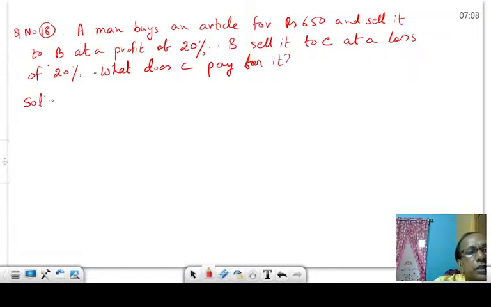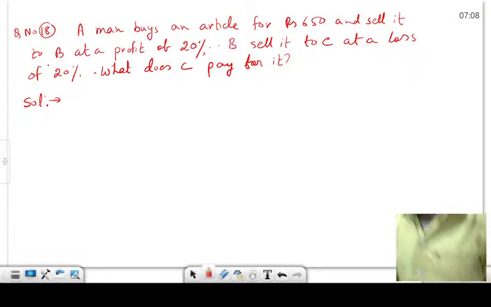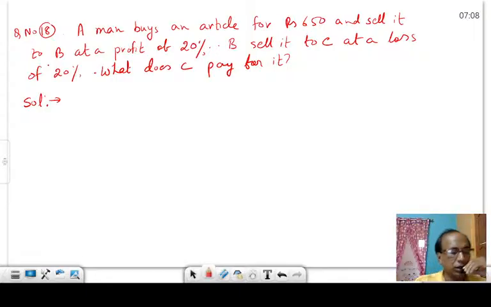We are solving this question in this way. A man buys an article, that is, the cost price is given.